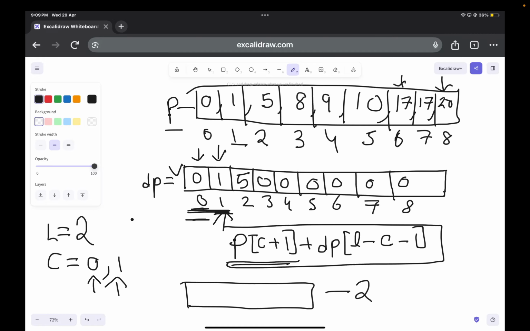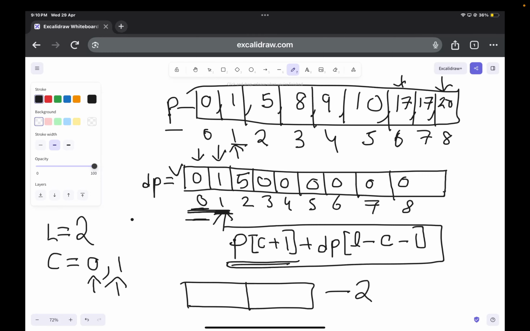If you cut 1 and 1, what is the price? 2 rupees. Why? Because the price of cutting 1 is 1 and the other is 1, so 1 plus 1 is 2.